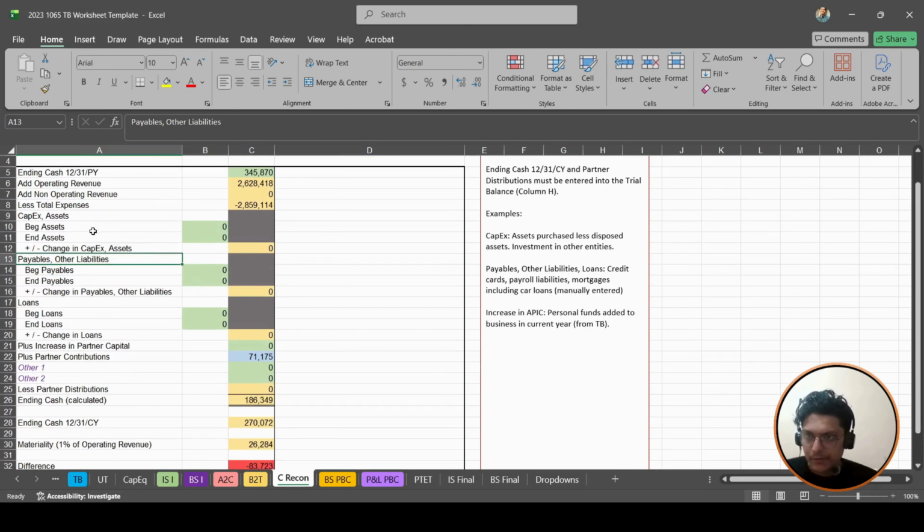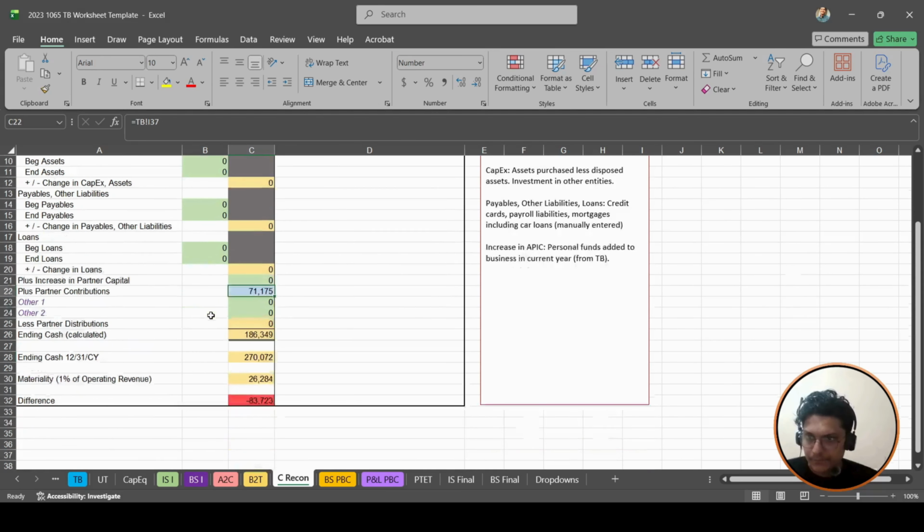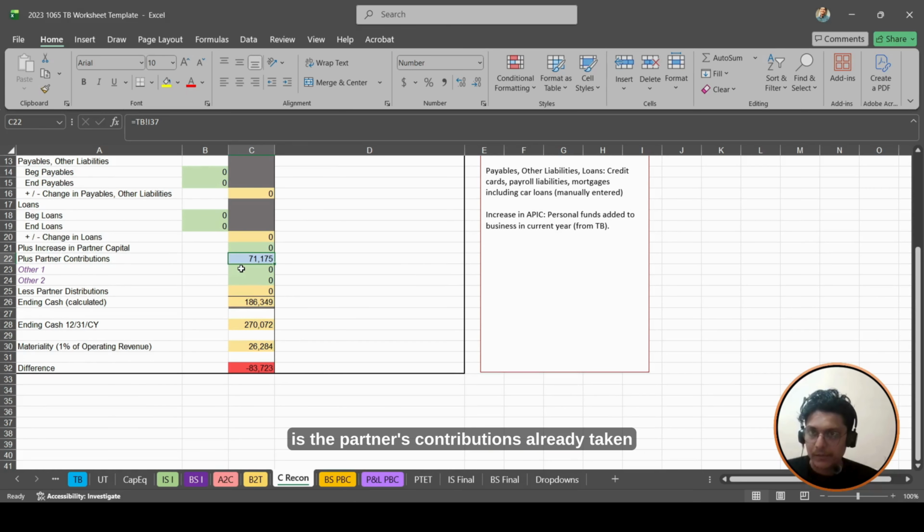Assets payable, there is no payable. This is the partners contributions already taken from the trial balance, 71,175.